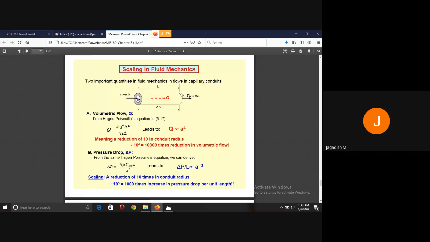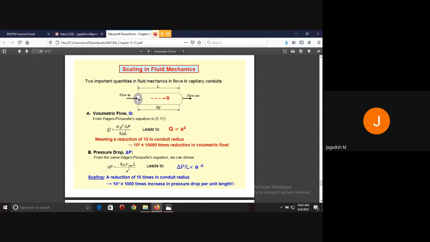The length of the pipe is L, and delta P is the pressure drop per unit length, and what is the volume that is flowing inside this. If the size of this conductor is reduced, will the volume of the liquid flowing inside remain the same or not? That we are going to discuss here. So that parameter can be related by this equation, that is the volumetric flow is given by pi into a to the power 4 into delta P by 8 into mu L.